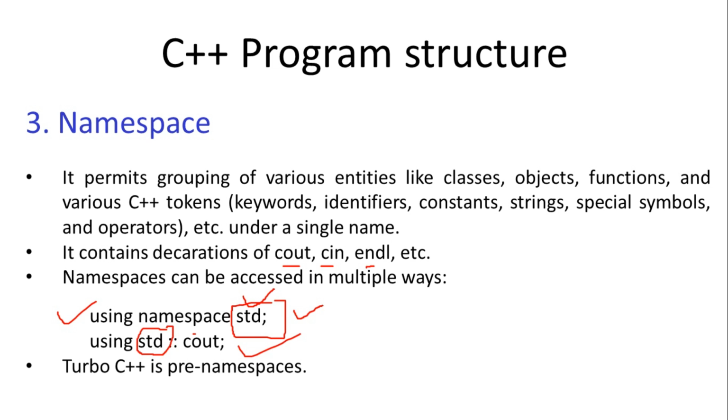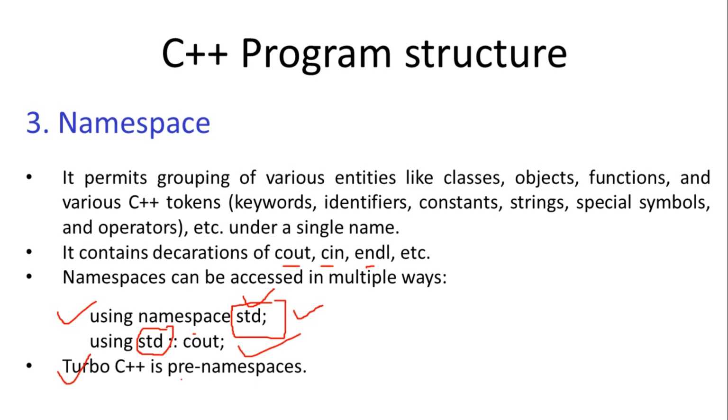So that's why iostream is used for including the keywords, constants, or any predefined functions in a program. Along with that, namespaces are used, because every name created by the iostream file is part of a namespace. But there are some compilers which are pre-namespaces. One example is Turbo C++.